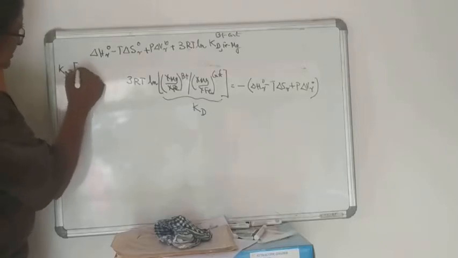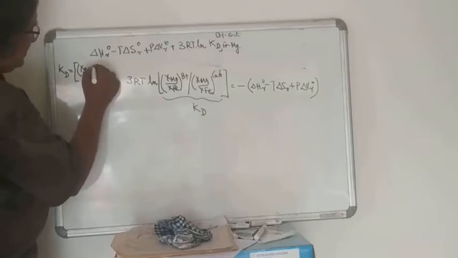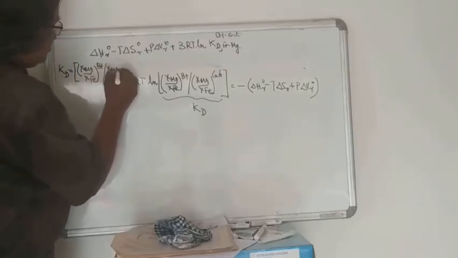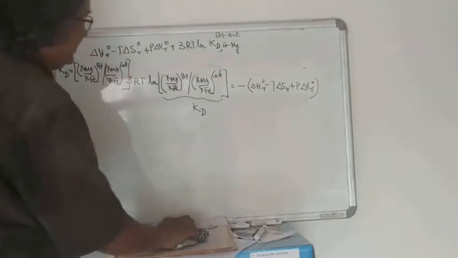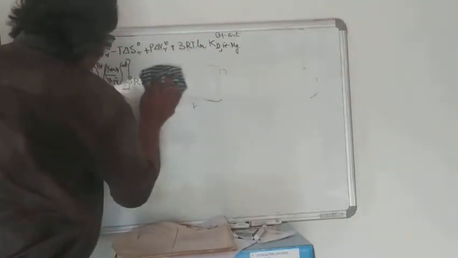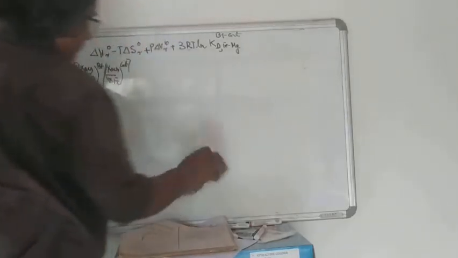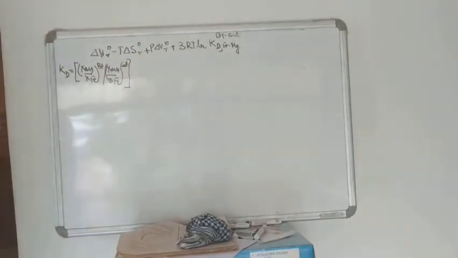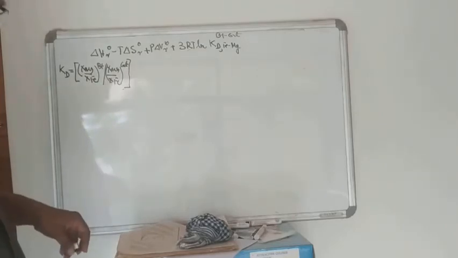It is nothing but XMg/XFe in biotite divided by XMg/XFe in garnet. That's all it is about, and so we can erase this term now. So this is our KD now, the partition or distribution coefficient.